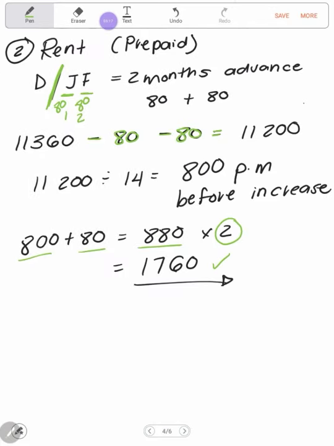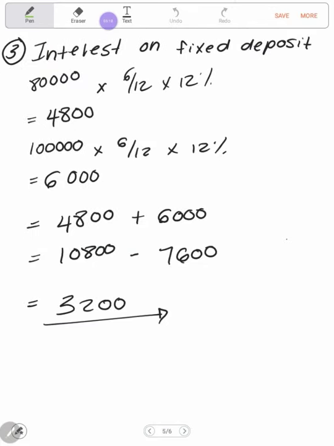The original fixed deposit has been in existence since the beginning of the financial year. So the beginning of our financial year would be the 1st of January, because our financial year ends the 31st of December. So remember, you now have to account for the very first amount of your fixed deposit, which was 80,000 Rand before the 20,000 Rand increase. How long did you have this 80,000 Rand for before you increased your fixed deposit?